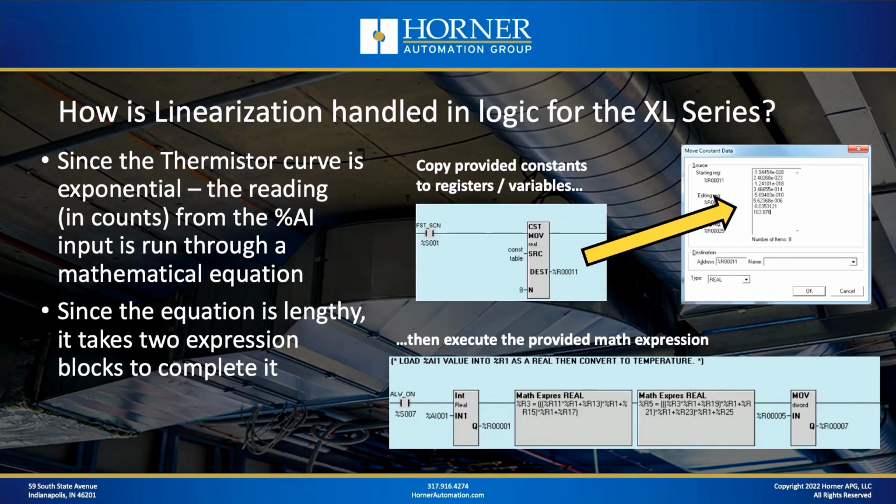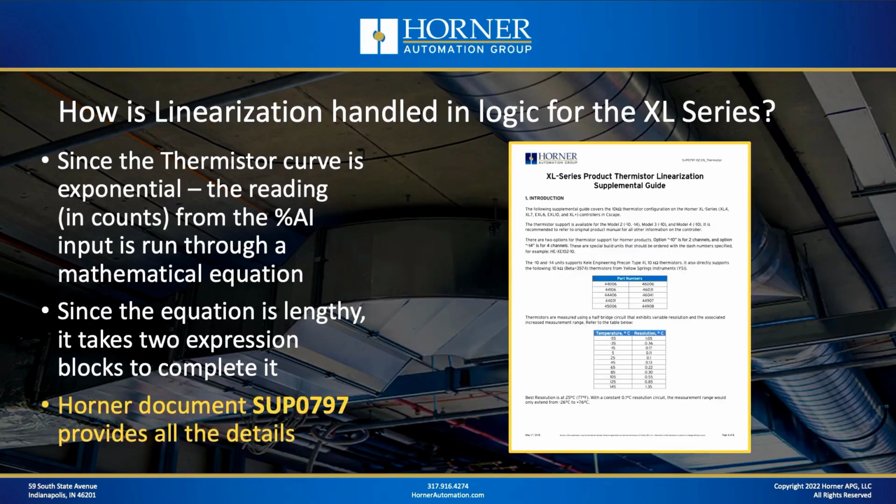That equation is complicated enough that it takes 2 math expression blocks to execute it, just because of the length of it. It also involves a series of coefficients, 8 of which to be exact, which are used in the equation. So we have a document that we've created, Horner document supplement 797, that provides all the details.